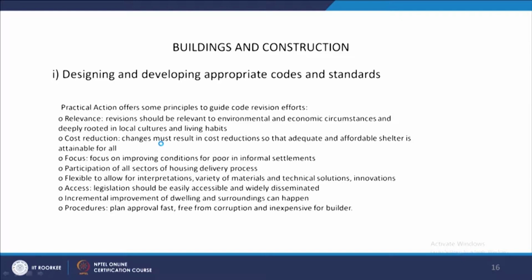Changes must result in cost reductions so that adequate and affordable shelter is attainable for all. The focus should also be laid on improving conditions of the poor informal sectors. Participation of all sectors of the housing delivery process, flexible to allow for interpretations, variety of materials and technical solutions.